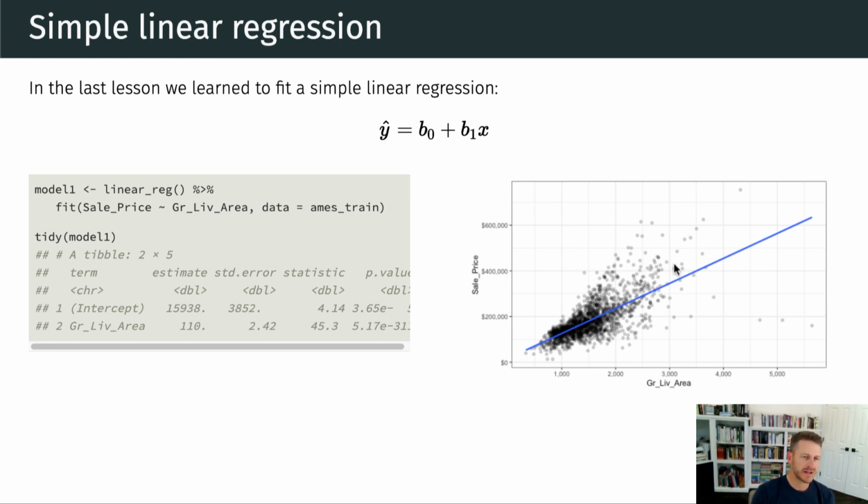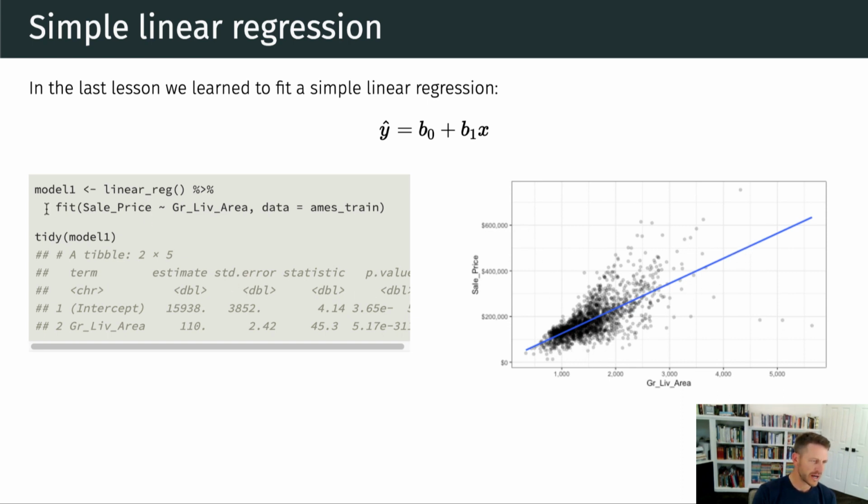And this line can be defined by this equation here, where y, or y hat, which is the estimated value of y, equals the intercept, beta naught, plus beta 1, which is the predictor variable coefficient, times the value of the predictor variable, right? And that gives us this linear line.